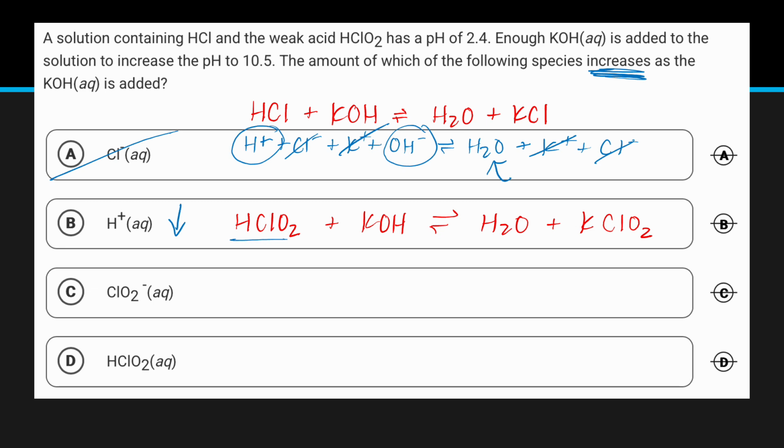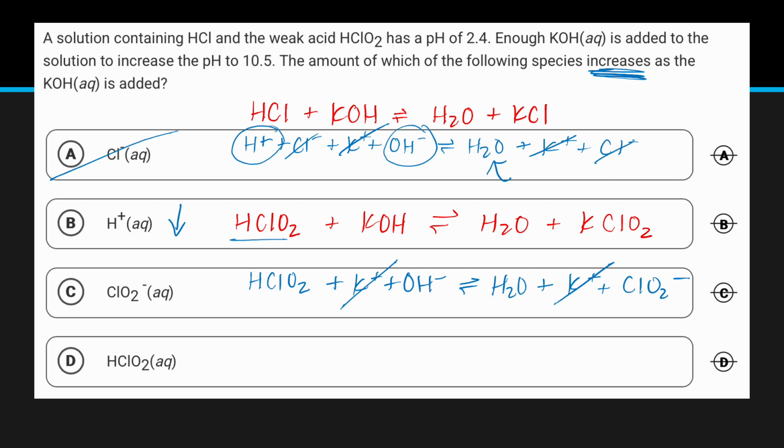This is a weak acid, so that does not dissociate. So HClO2 plus K+ plus OH- reacts to form water, K+, and ClO2-. So K+ is again our spectator ion.